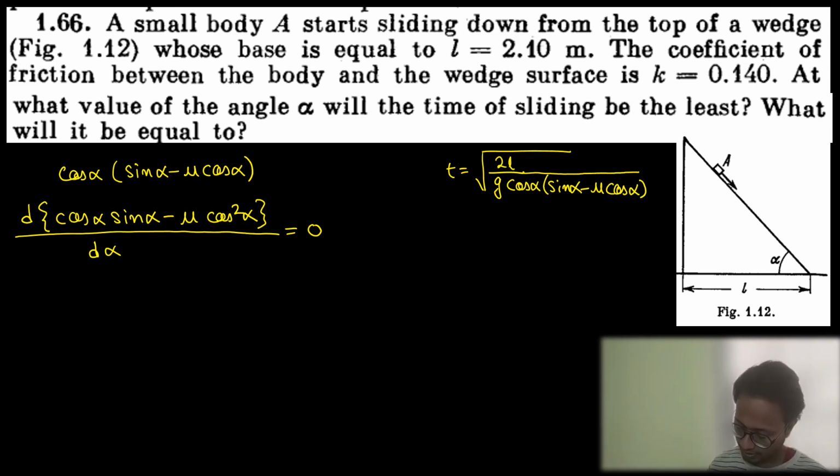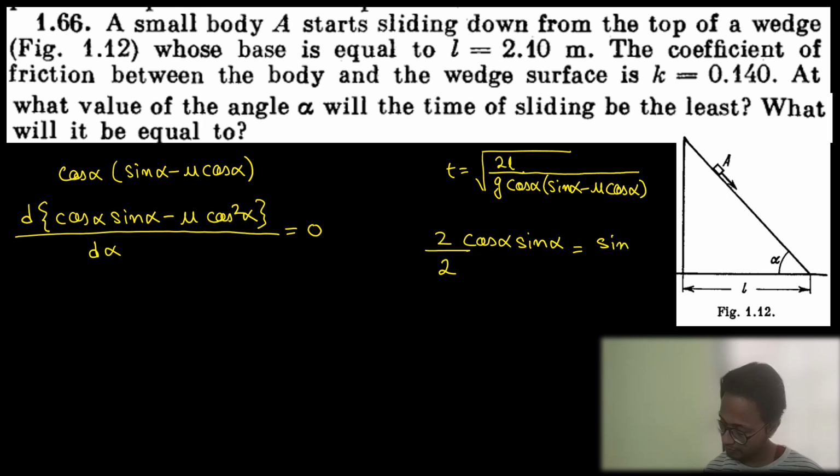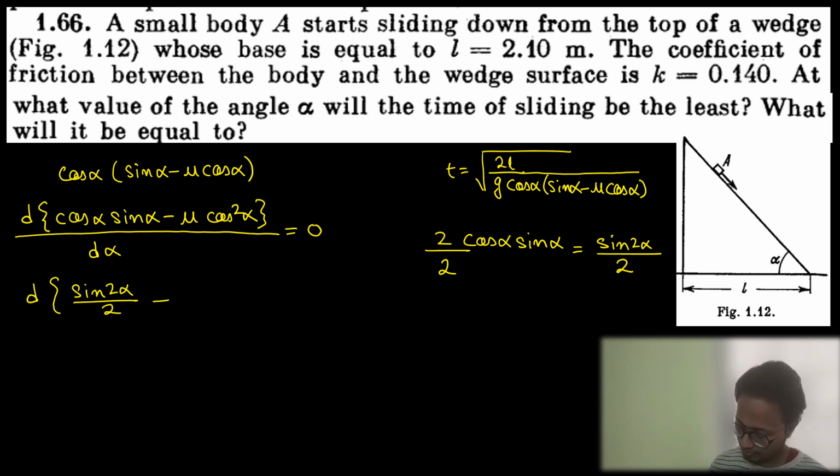Out here, cos alpha sin alpha, I can multiply this by 2 and divide by 2. 2 cos alpha sin alpha is nothing but sin 2 alpha, divided by 2. So this is d of sin 2 alpha divided by 2 minus mu cos square alpha, by d alpha, should be equal to 0.